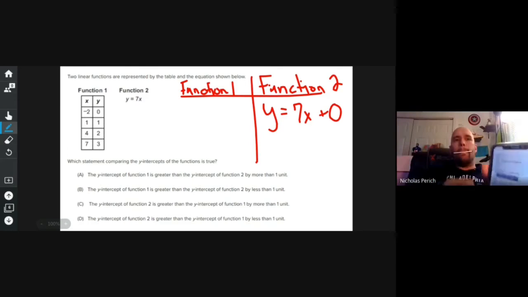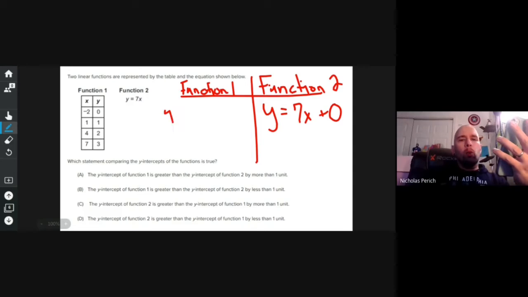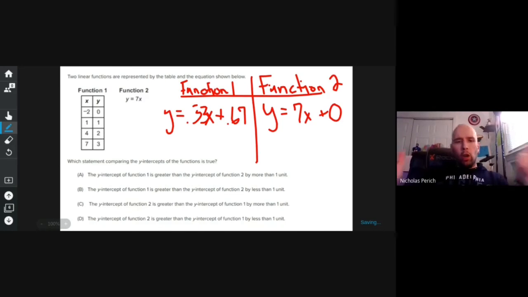I'm going to scroll up and click on the line of best fit, and this is what I get. Okay, I get y equals 0.33x plus 0.67. All right, so the y-intercept in function 1 is greater than the y-intercept of function 2 by more than 1 unit.